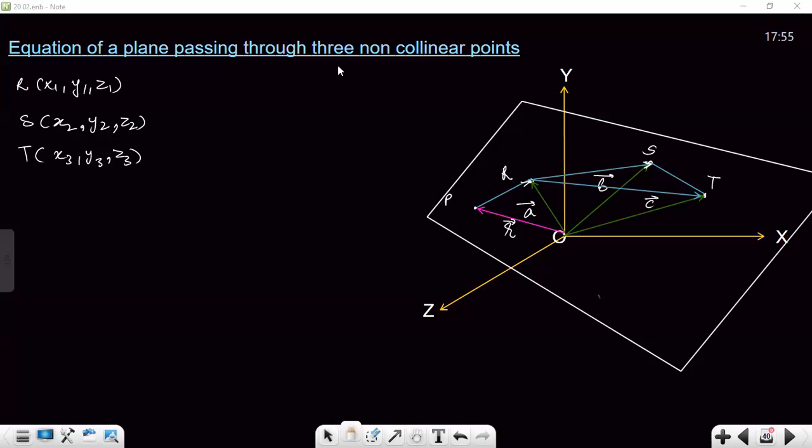Yeah, I'm back. So we were discussing coplanar vectors. Anyways, let me explain it from the fundamentals.